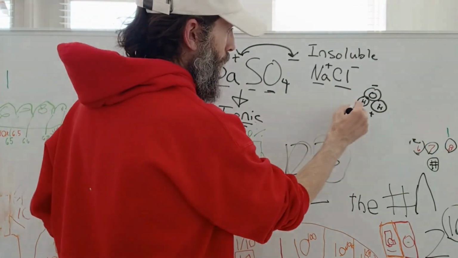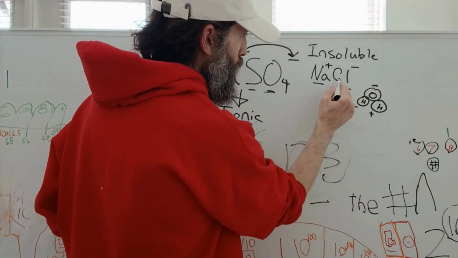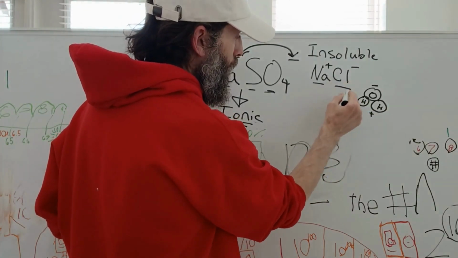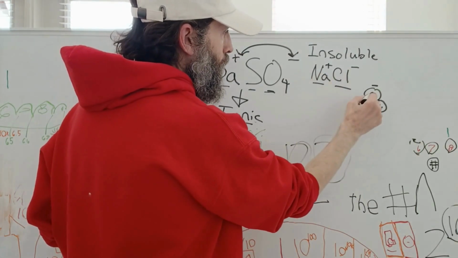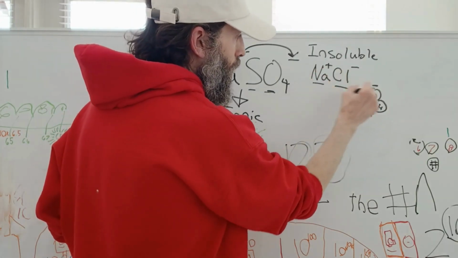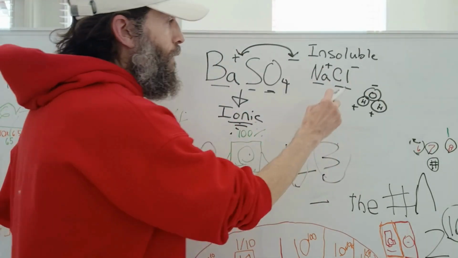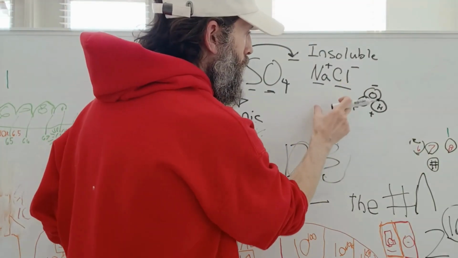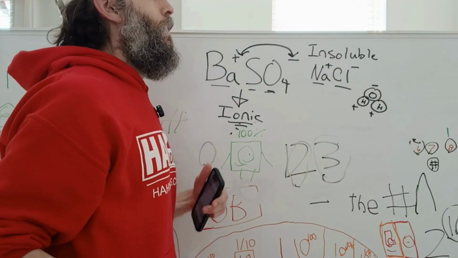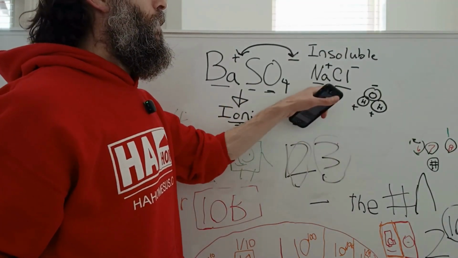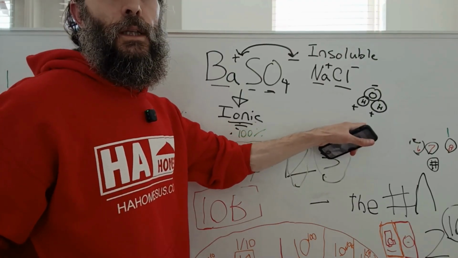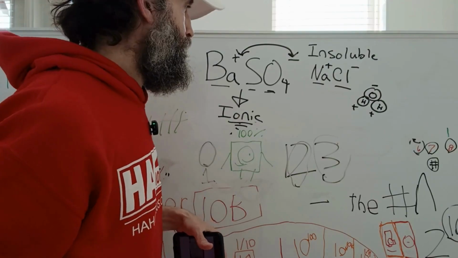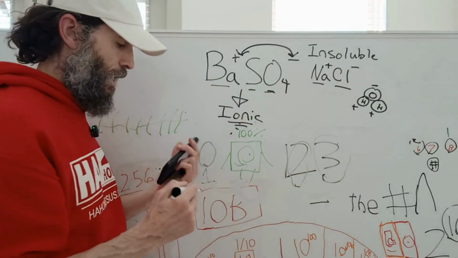So opposites attract. The positive of the hydrogen is going to attract the negative chloride anions. The sodium cation is going to go to the oxygen, and in this case, it can pull that ionic bond apart. And so sodium chloride, table salt, is soluble in water. Again, just a little bit of contrast there.